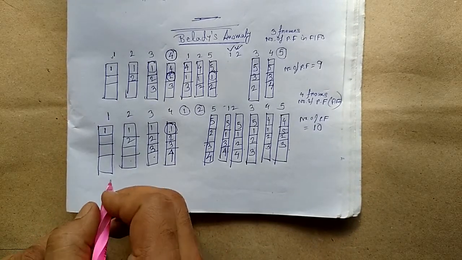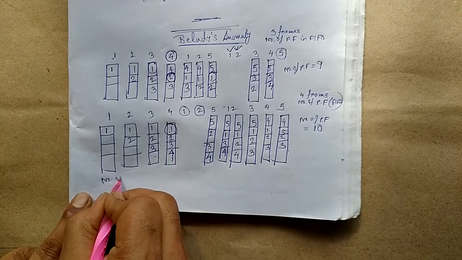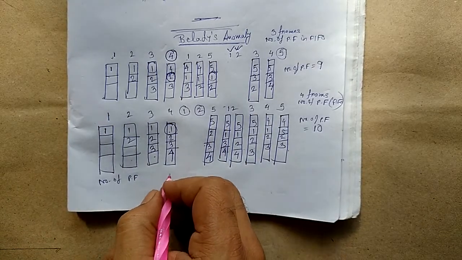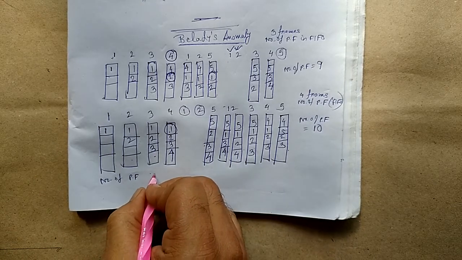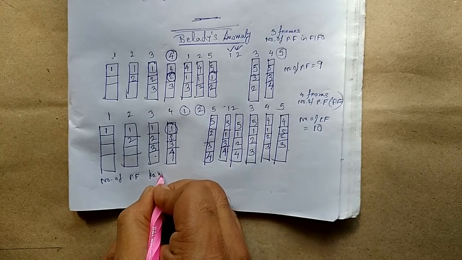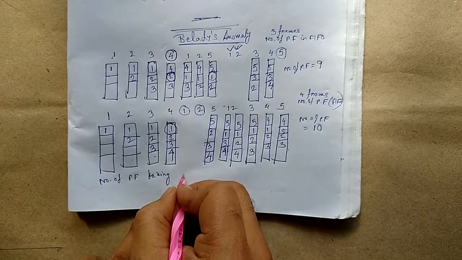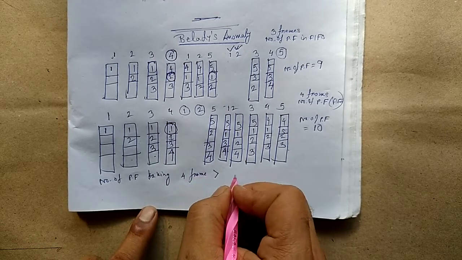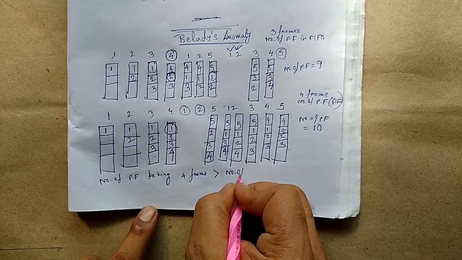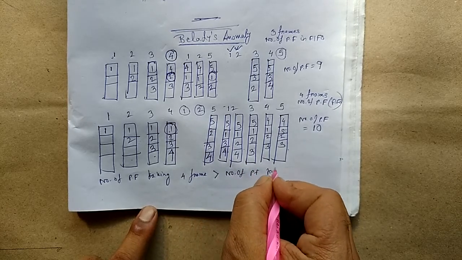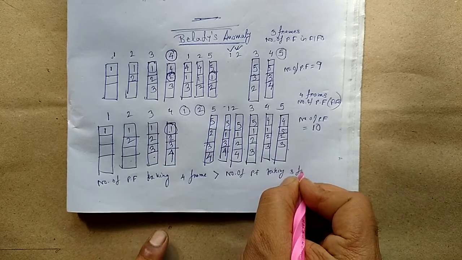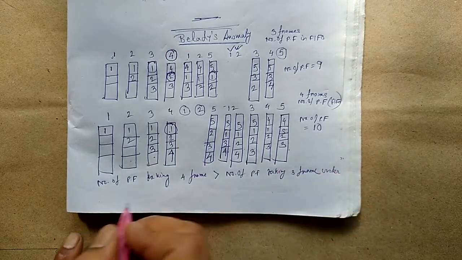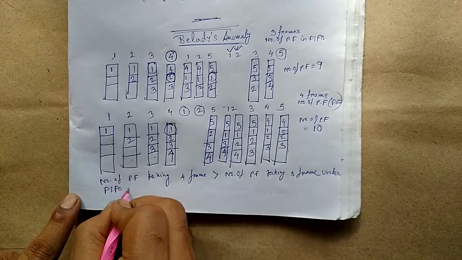So from this given problem we can see that the number of page faults taking 4 frames is greater than the number of page faults taking 3 frames under the FIFO page replacement technique.